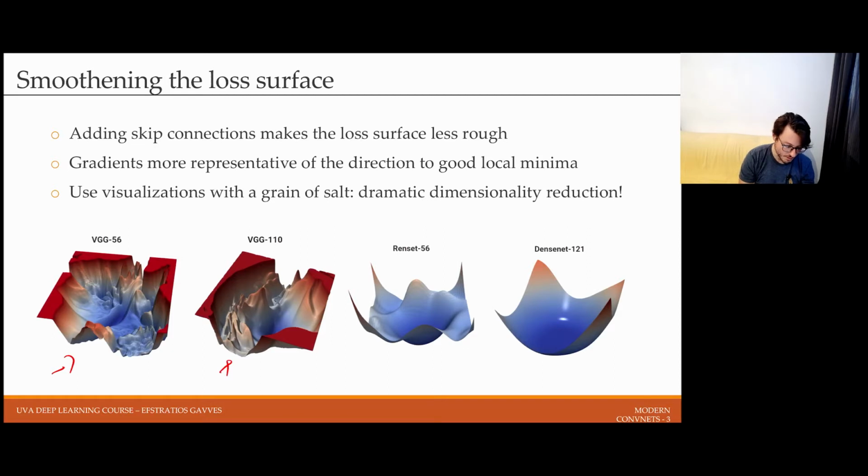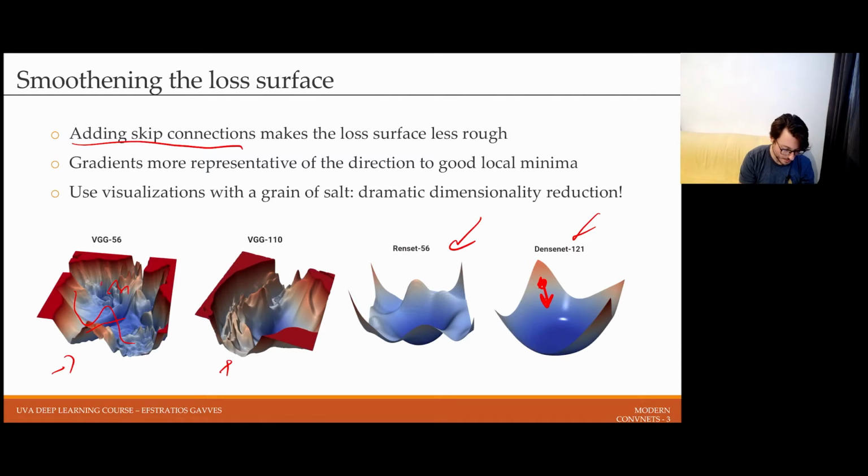We observe a very highly non-convex surface, with lots of valleys and lots of hills and mountains, very steep descents. However, by adding skip connections, suddenly things become much smoother. The surface becomes much less rough. Now gradients are much more representative of where an actual minimum is.